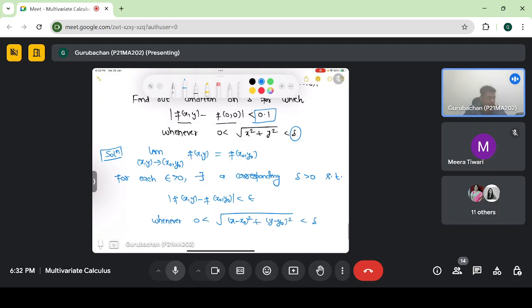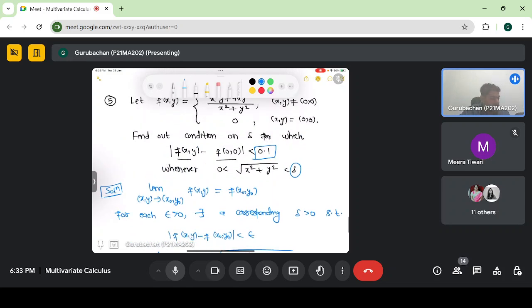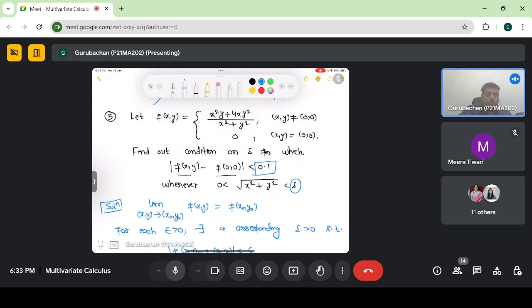This reduces for this question to |f(x,y) minus f(0,0)| less than epsilon whenever the square root of x square plus y square is less than delta, and here epsilon is 0.1. So indirectly they are saying this function is continuous at (0,0). Now you need to find the value of delta.